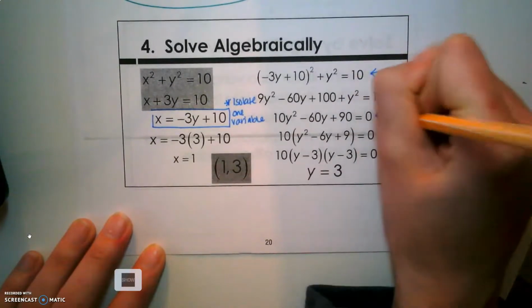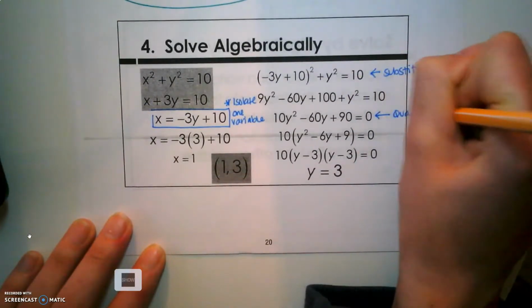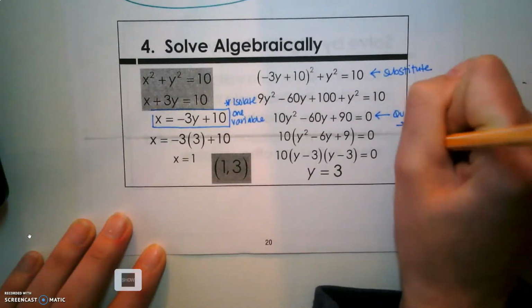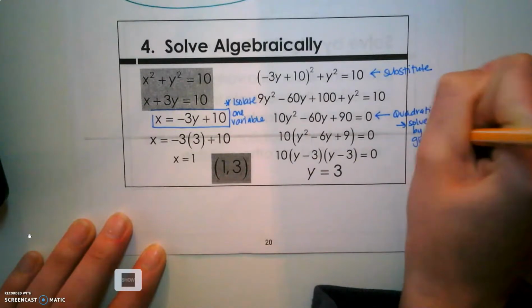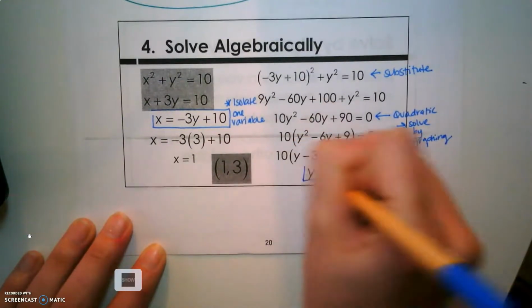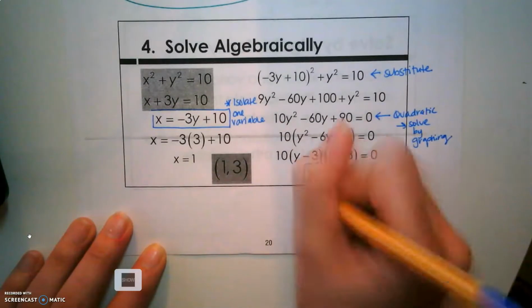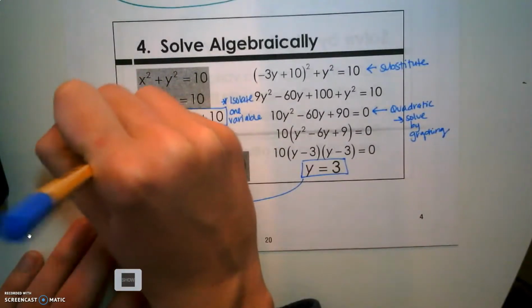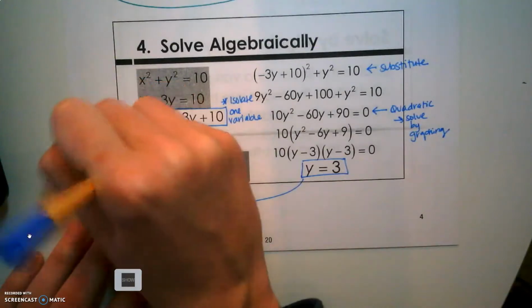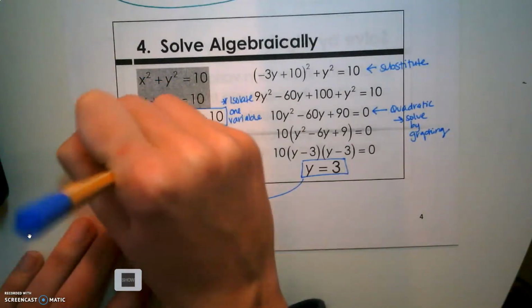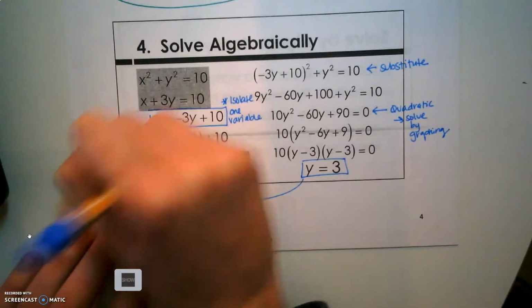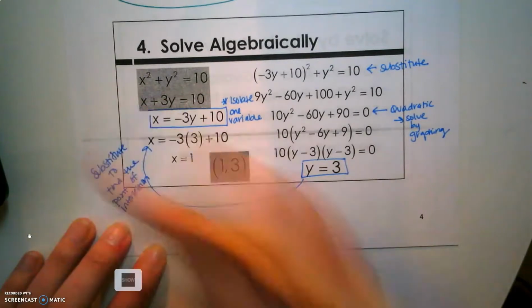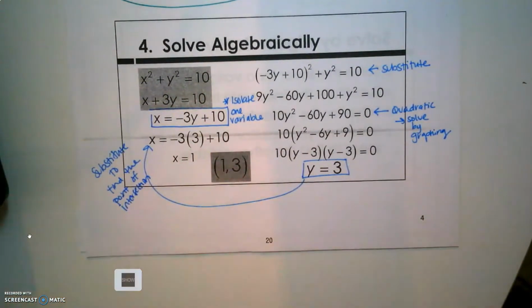We find that we have a quadratic. So we're going to solve by graphing. And in this case, we have one y value, which is fine. When we substitute it back in, we find that we only have 1 point of intersection.